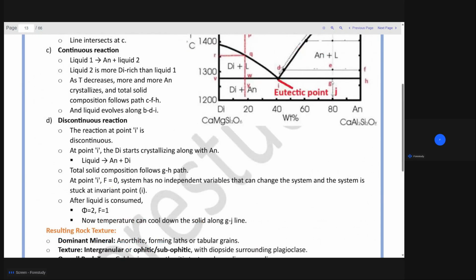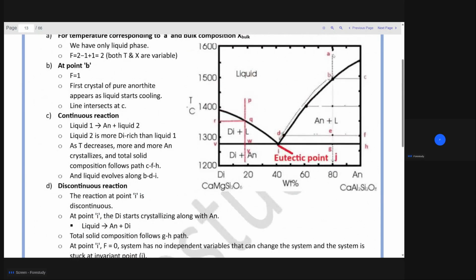So along the G and J line, remember, the initial bulk composition will follow till the end, till it hits this point, or even below, up till it cools. So below the solidus, inside the solid phase, it will follow the GJ line after passing through the eutectic point.